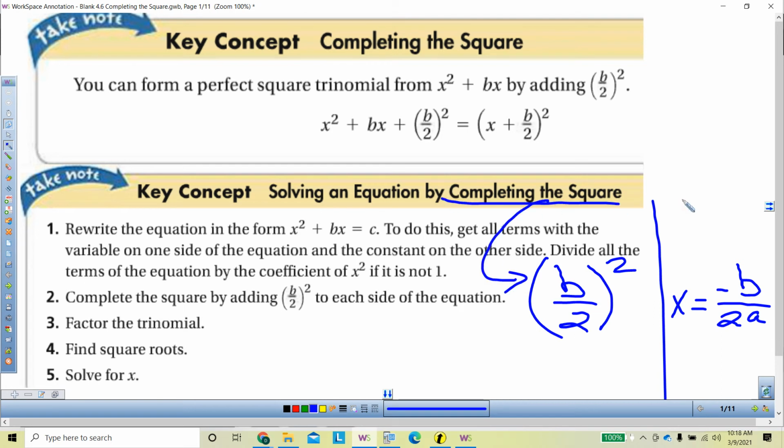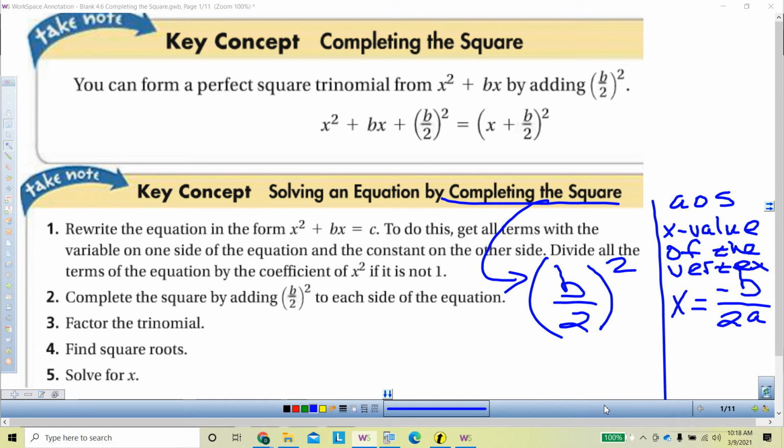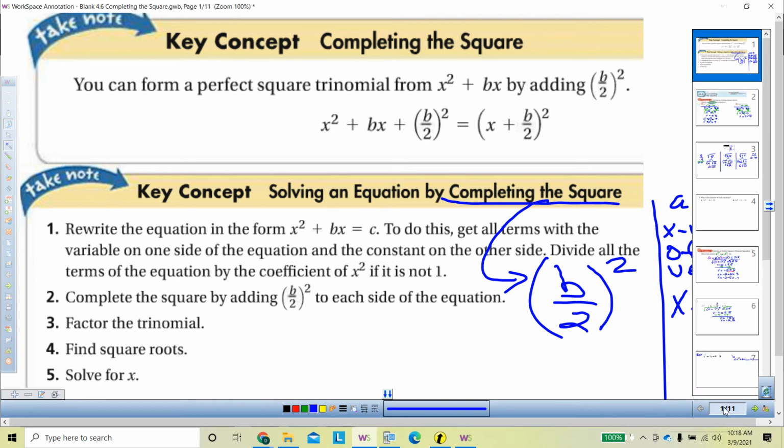This one is for the axis of symmetry, or the x value of the vertex. You've got to keep those two straight, because it's really easy to mix them up, and then it just makes your life a nightmare. No need for that. Life's hard enough anyways.